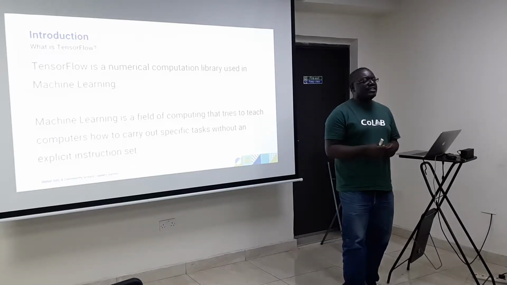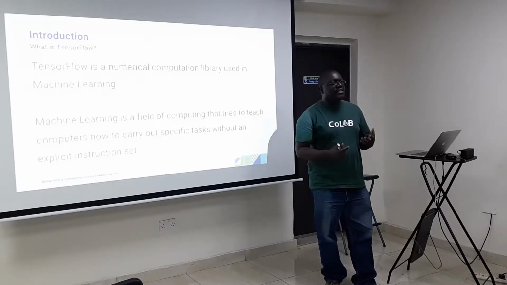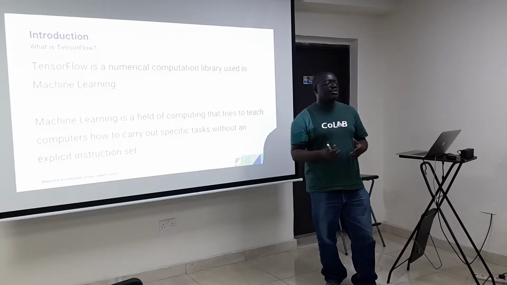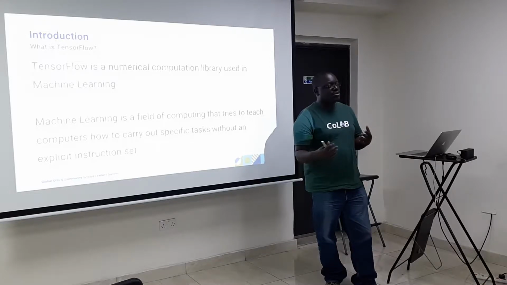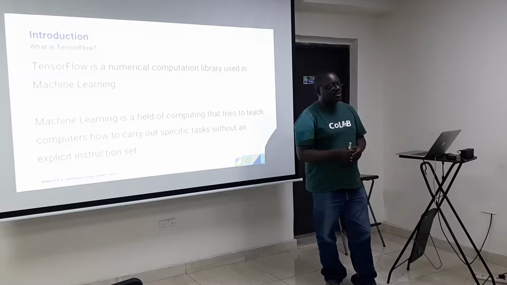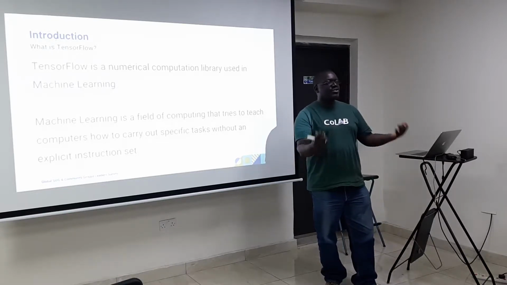However, some types of tasks require so many rules that it's really difficult to program them. One basic example is, how do you tell the computer to differentiate between a picture of a male person and a picture of a female person? Where do you start from?